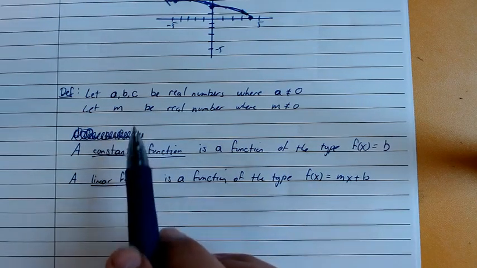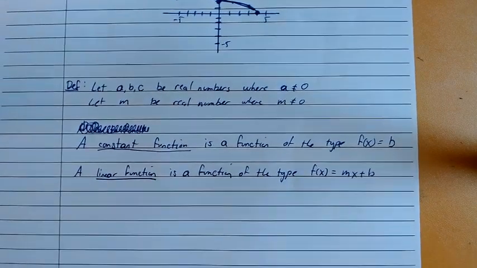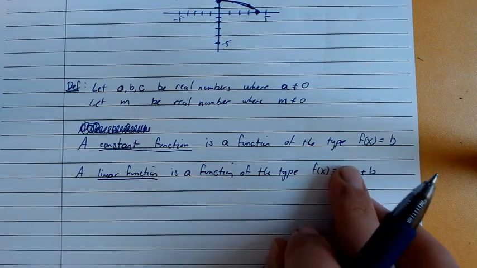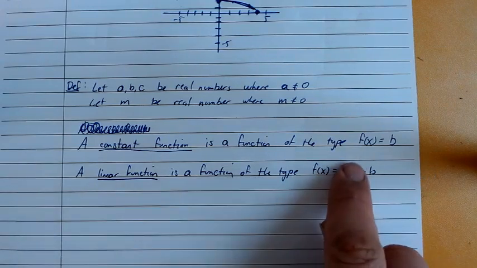It can be anything, including 0. Okay? The graphs of these are all slanted lines. If m is equal to 0, then this goes away and you're back to a constant function. So that's why we say m should not be 0, because if m is 0, that's not really there.